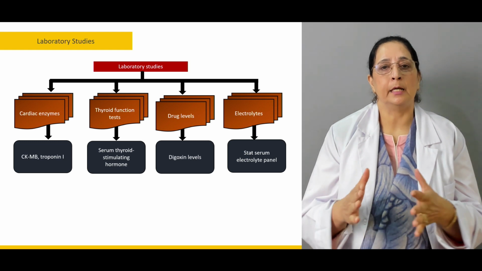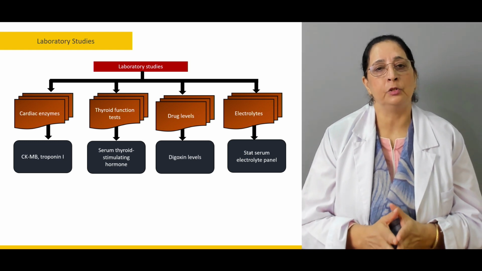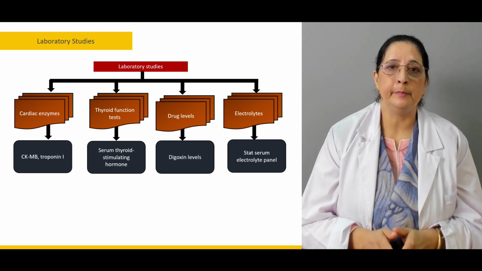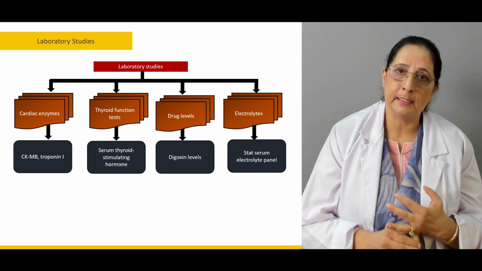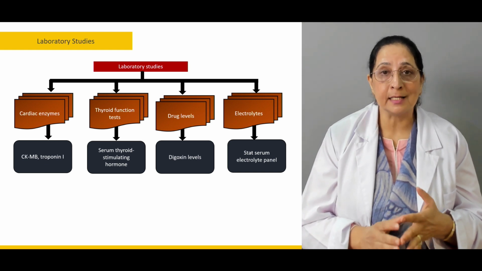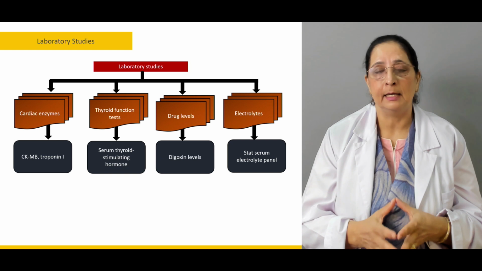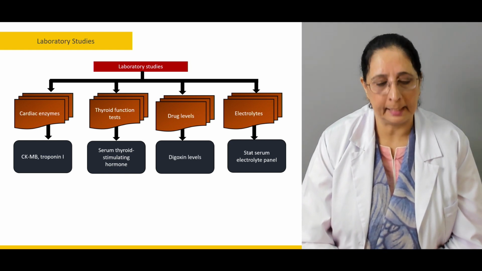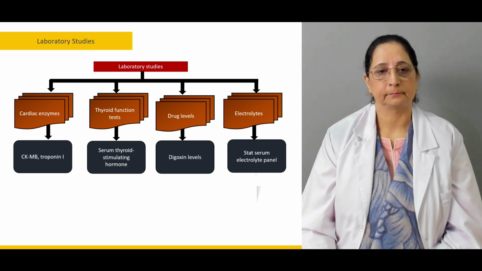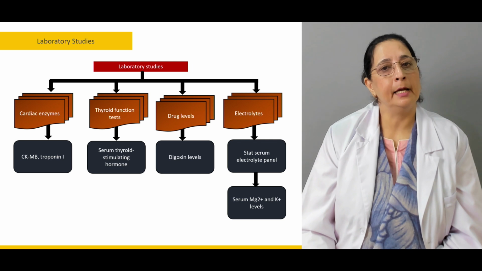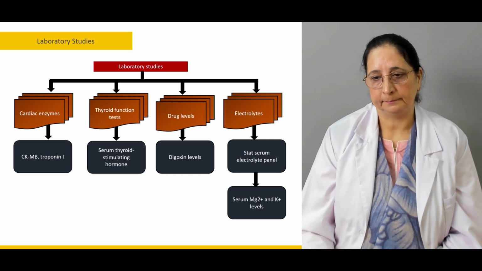So these are some lab tests we should do on a patient with the cardiac dysrhythmias. We should do cardiac enzyme level, thyroid function test, drugs like digoxin level, and also the study of the serum electrolytes and serum magnesium and potassium level.